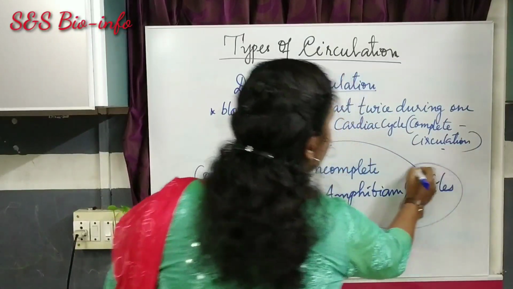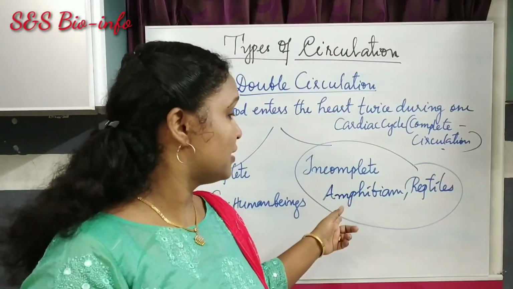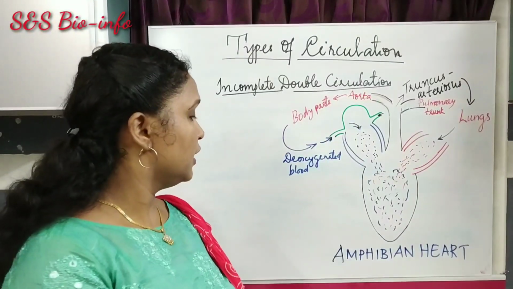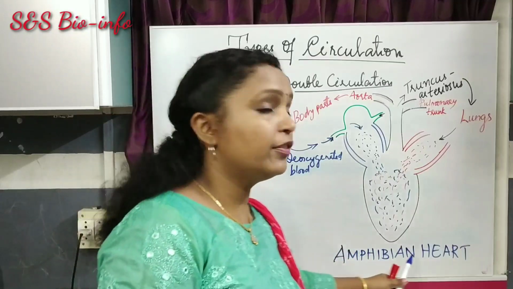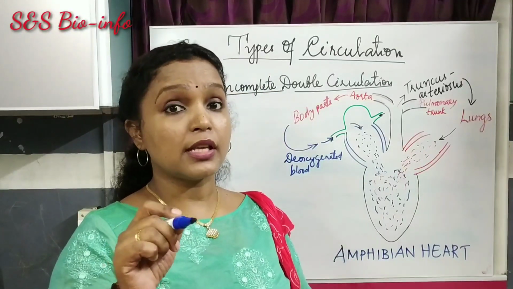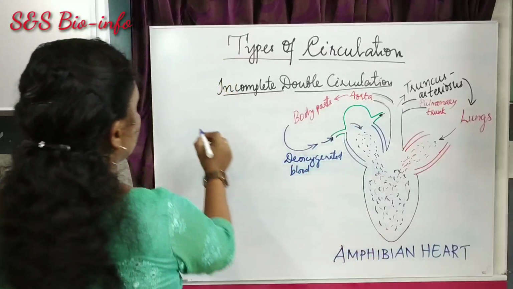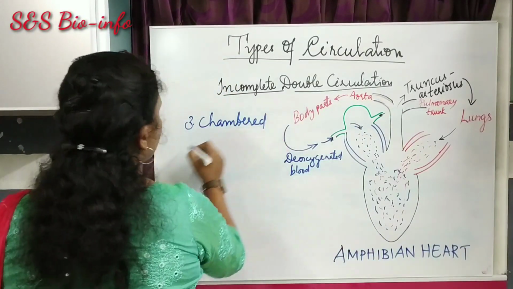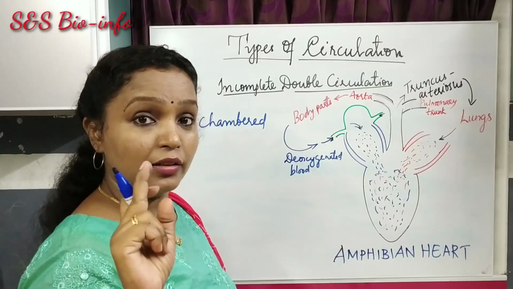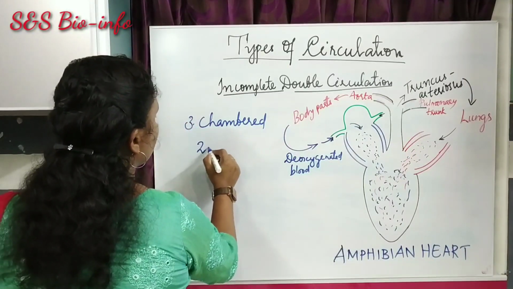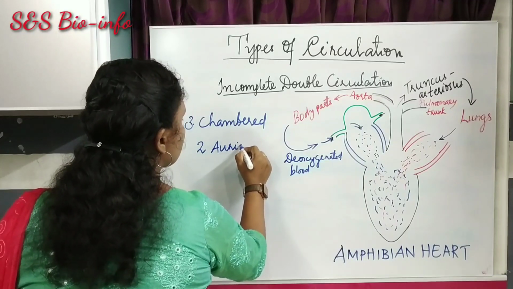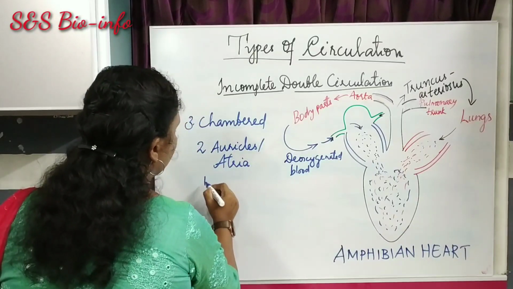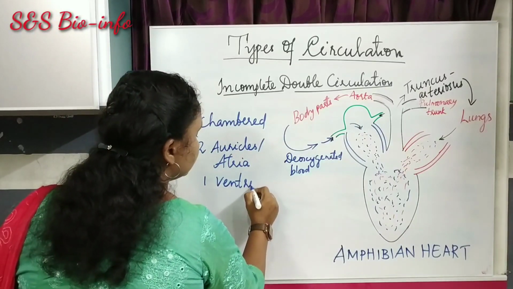First of all, let's discuss incomplete double circulation in amphibians like the frog. Here you can see the diagrammatic representation of an amphibian heart. Amphibians have a three-chambered heart. There are two auricles, or atria, and one ventricle.